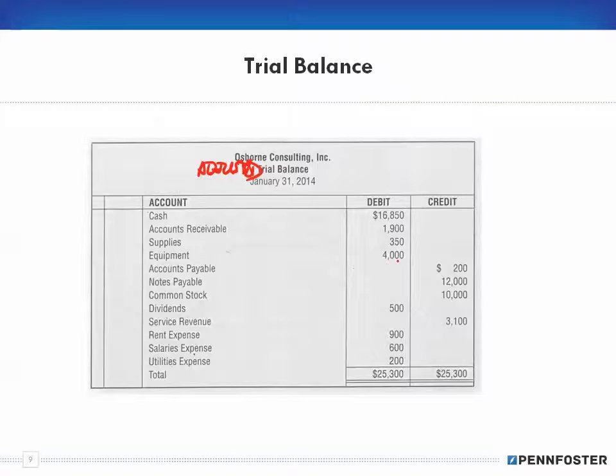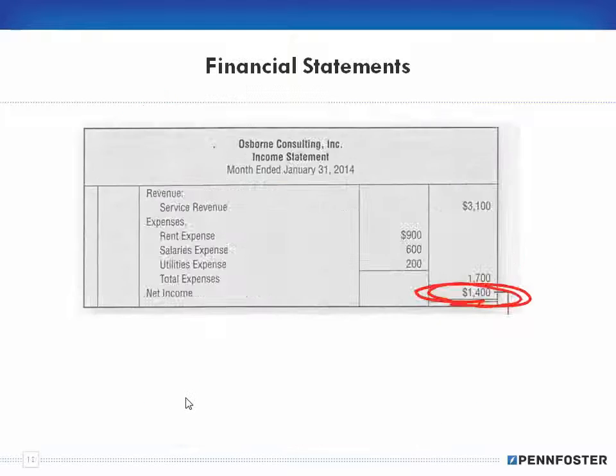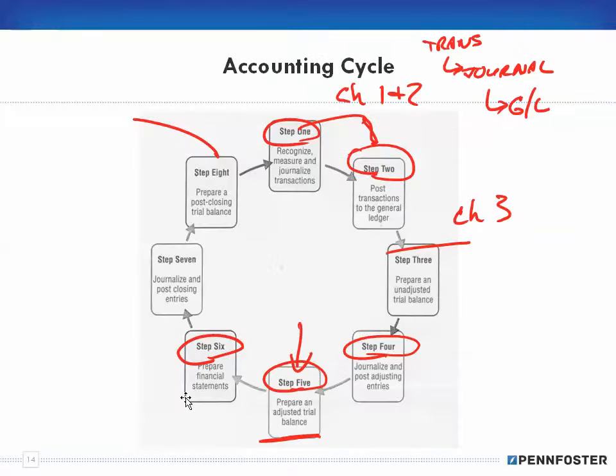From these figures, we can create our 3 financial statements, or 2, whichever you're going to be doing. You're always going to do the balance sheet and the income statement. Whether you create a statement of retained earnings, a statement of cash flows, or any other statement all depends upon the business itself. But in step 6 here, we're preparing those financial statements.